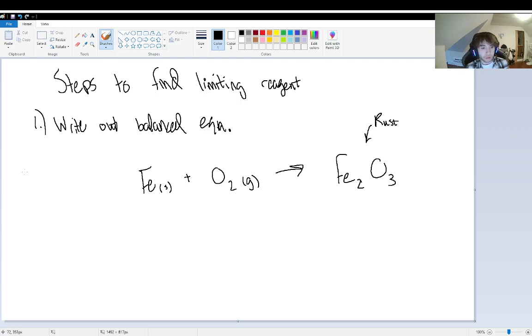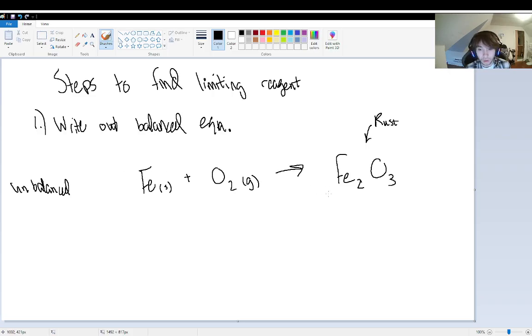So this is unbalanced, and we can tell easily because we have one iron here and two irons here. There are multiple ways to do this. You can either start recognizing inequalities and bounce back and forth, or you can solve this as a system of equations. Personally, I use my own chemical intuition and I just balance one way, balance the other, bounce back and forth.